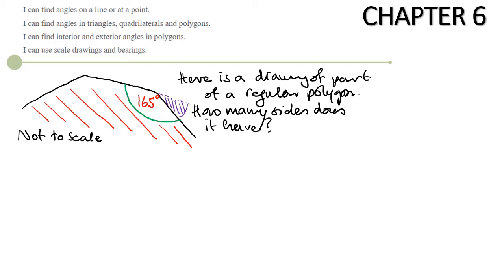So step number one, we'll work out the exterior angle. Exterior angle equals 180, because exterior and interior add up to 180, take away 165, and I get 15 degrees. Now, why have I worked out the exterior angle? Because we know the exterior angles all add up to 360.